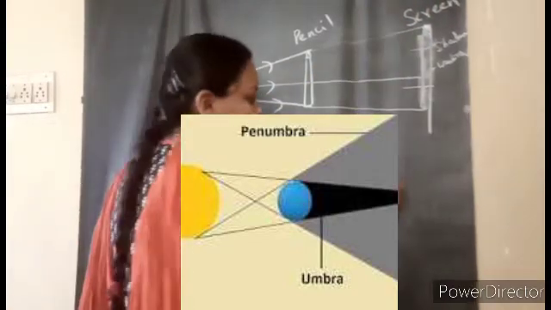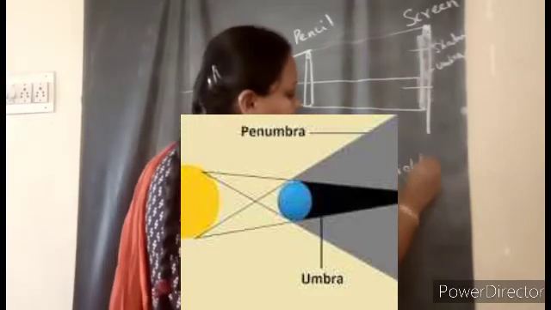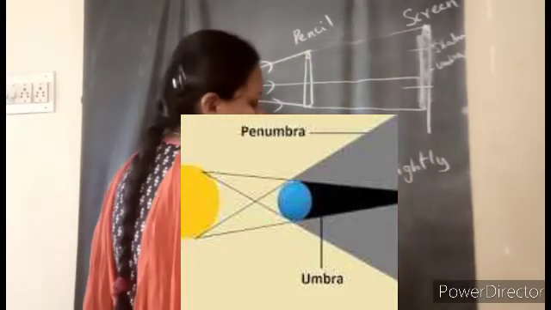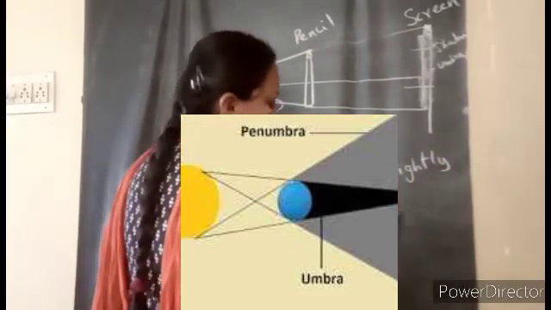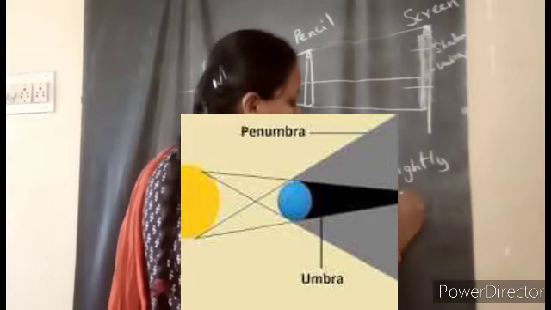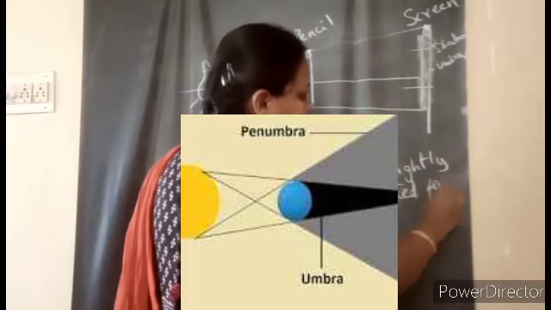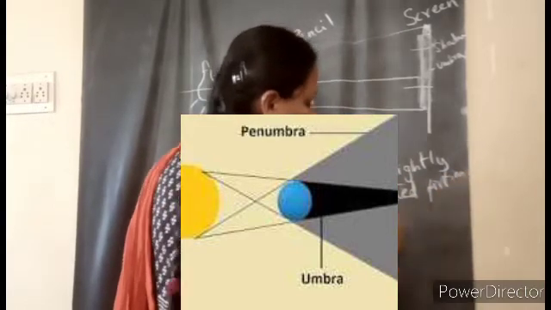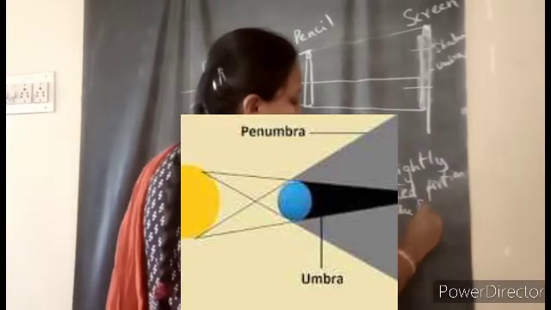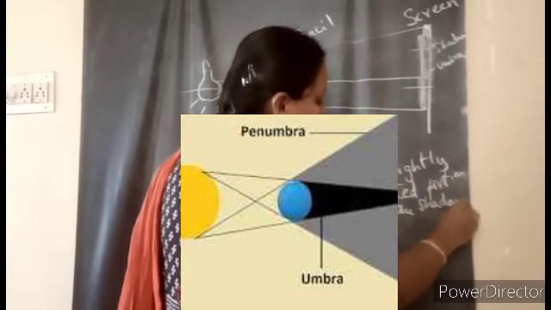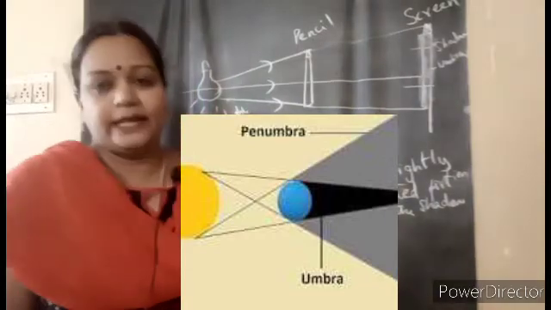This is the slightly illuminated portion of the shadow, which receives a small amount of light, and it is called the penumbra.